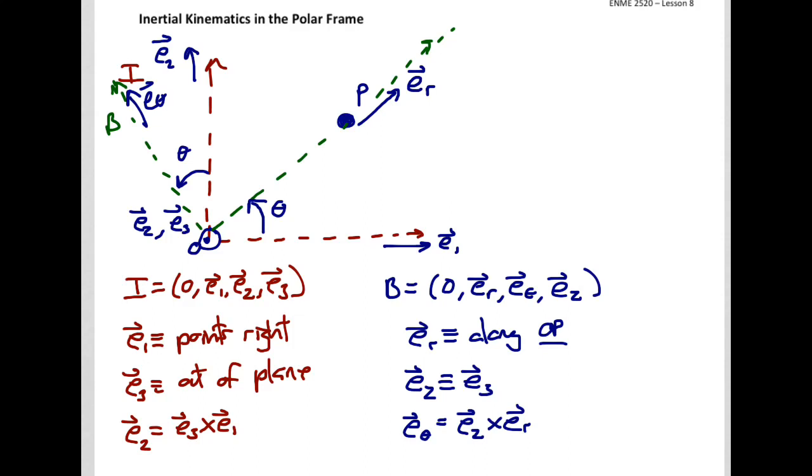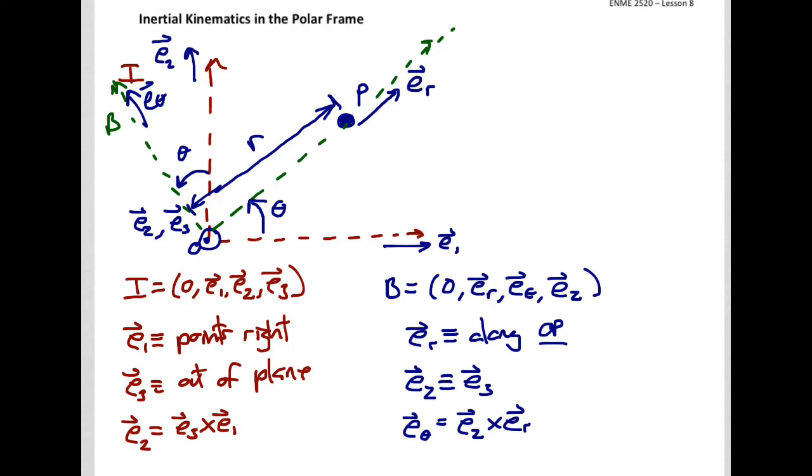And then we have another polar coordinate because r is going to be the distance from point O to the particle. So we have our polar coordinates, and now we've defined a polar frame.